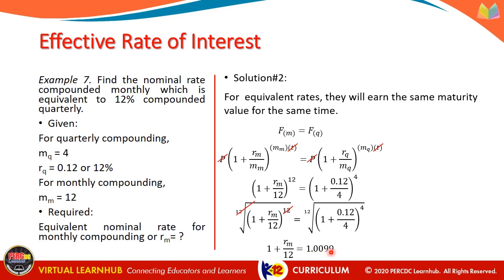Then isolating r sub m, we will have r sub m is equal to (1.0099 minus 1) times 12. Using the calculator, we can compute r sub m is equal to 0.1188. The equivalent nominal rate for monthly compounding is 11.88%. 12% compounded quarterly is equal to 11.88% compounded monthly.